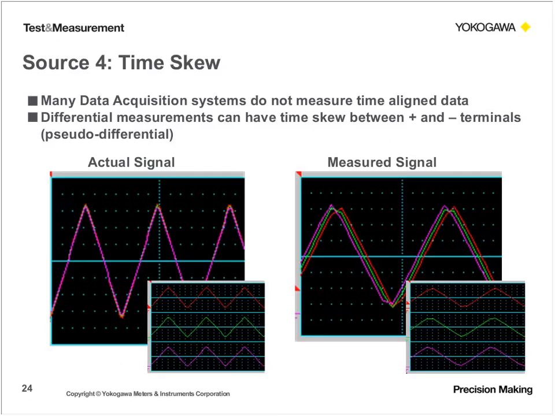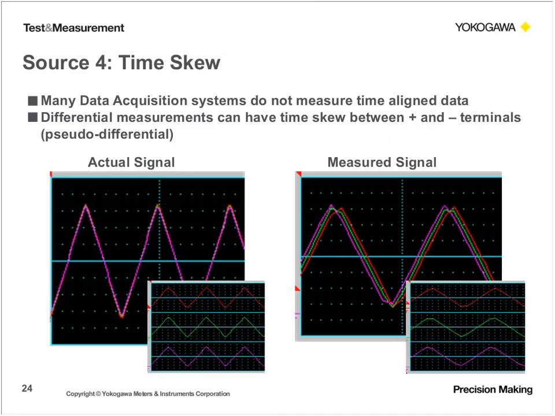All right. The next topic is one some of you may not consider to be noise, but I put it on here as well because time skew can have a very big impact on the amount of error that you're dealing with. Many acquisition devices don't have a way to do time-aligned data.